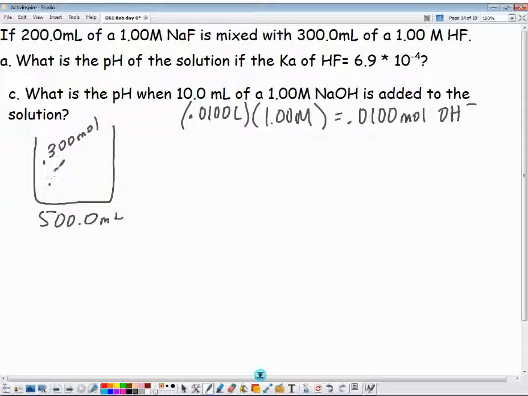Now, we'll tell you this. If I were to use half of the buffer, I'd have half of the moles. Molarity wouldn't change, but I would have half of the moles if I used half of the buffer. If I took 250 milliliters of my buffer out, I'd be taking only half of the moles out and leaving the other half behind.